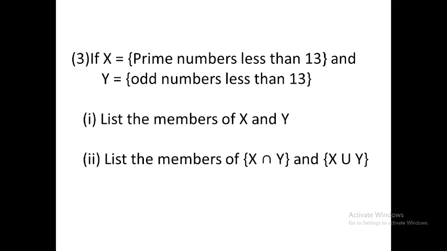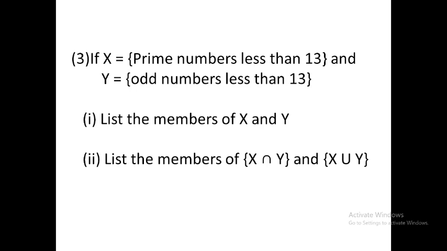We are to list the members of x and y, then list the members of x intersection y and x union y. Of course, prime numbers are numbers that have what? Good, only two factors: 1 and the number itself.